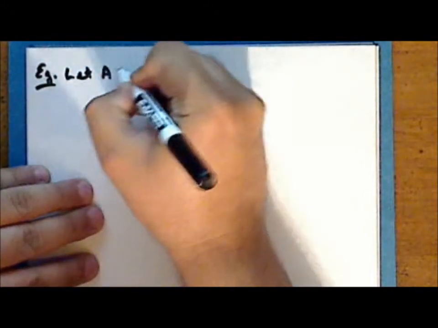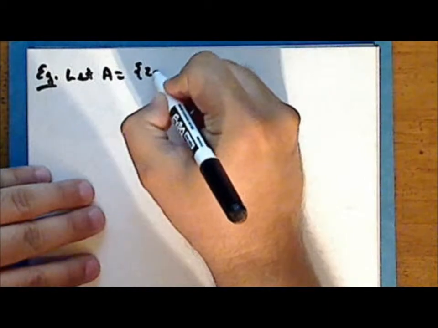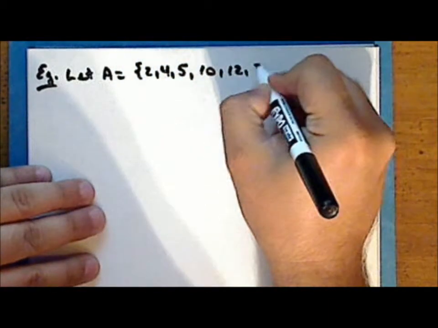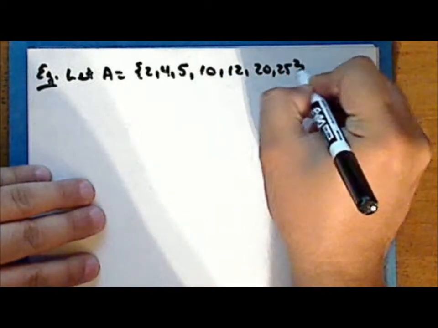So let the set A be the set which contains the integers 2, 4, 5, 10, 12, 20, and 25.